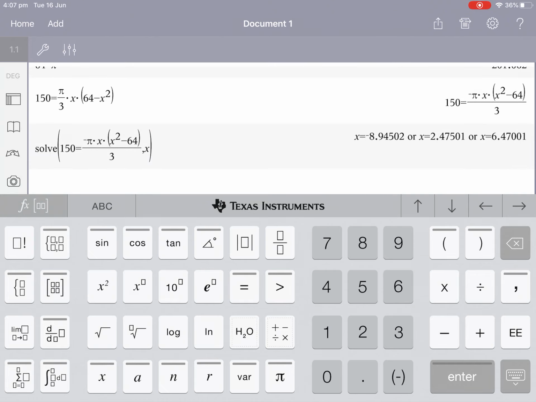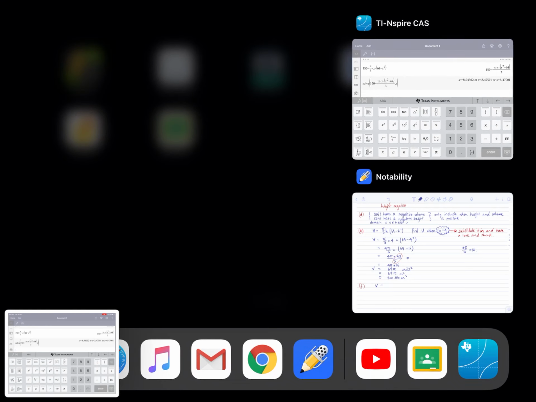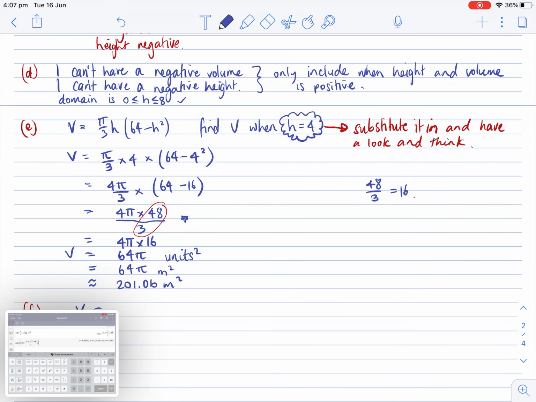Hit enter, and you can see I get 3 answers. x equals negative 8.94, x equals 2.47, or 2.48 if I round off, and x equals 6.47.